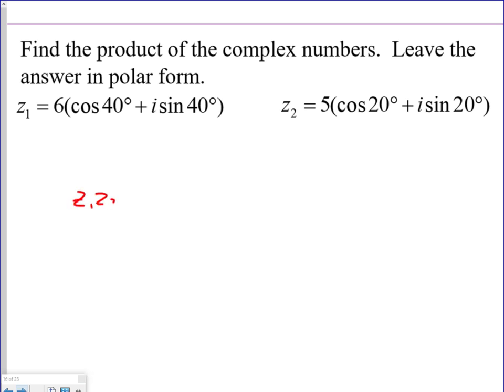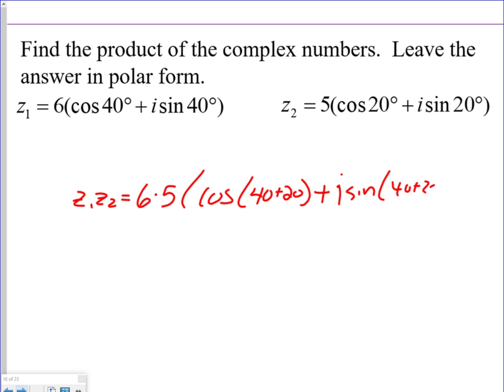So Z1 times Z2, what's that going to look like, guys? 6 times 5, and then cosine of 40 plus 20, plus i sine of 40 plus 20.